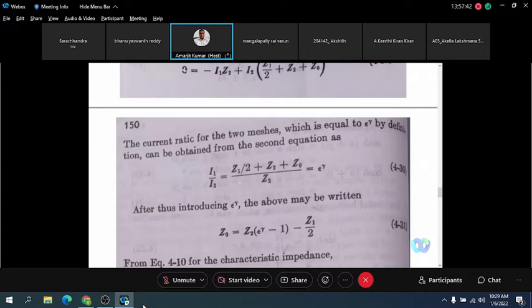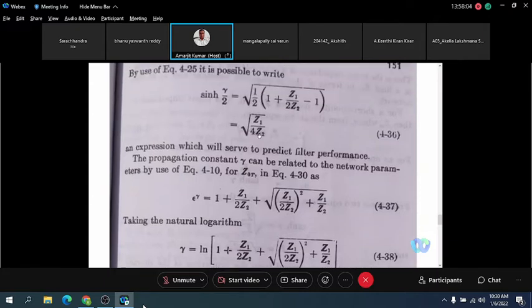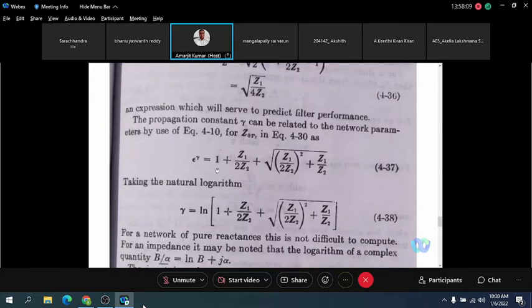So you can write it as 1 + Z1/2Z2 + Z0/Z2, where Z0 is equal to the square root of Z1 Z2 into (1 + Z1/4Z2). You had already calculated sinh(gamma/2) in terms of Z1 and Z2, but the exponential of gamma in terms of Z1 and Z2 is given in this equation. So now apply ln.